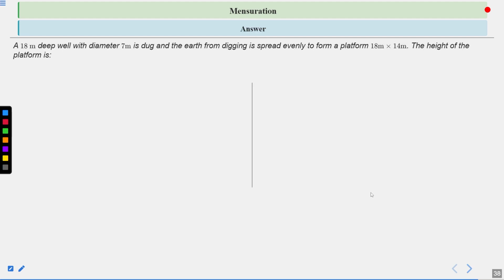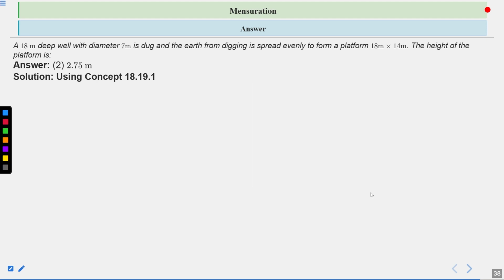The question says that a 18-meter deep well with diameter 7 meter is dug and earth from digging is spread evenly to form a platform 18 into 14 meter, in the form of a rectangular cuboid. What is the height of the platform? The correct answer is the second one, which is 2.75 meter.